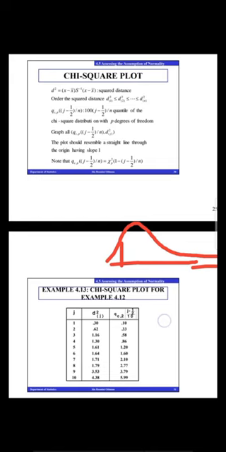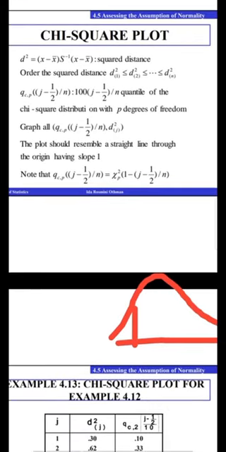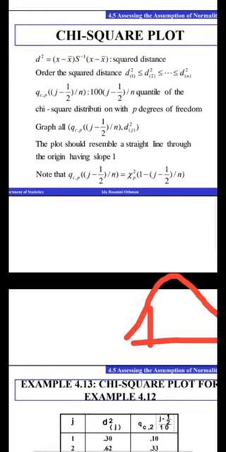Okay, the first step is order the square distance from smallest to largest. So the square distance adalah d square.